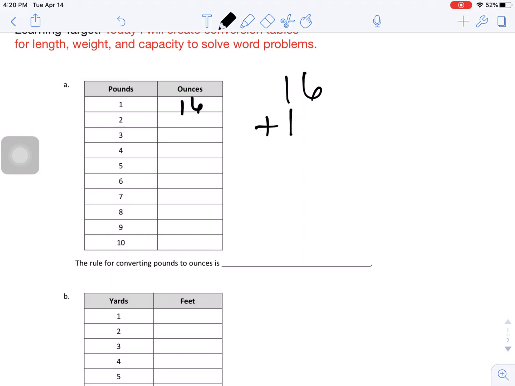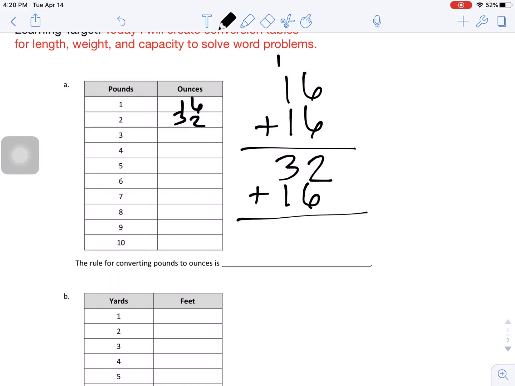If I add another pound, that would be 2 pounds, and it would be 2 groups of 16. I would figure out what 2 pounds equals by adding them together, and I would have 32. I would keep adding another pound every time I went down. 1 more pound would be 16 ounces, and that would be 48, and you would keep going.